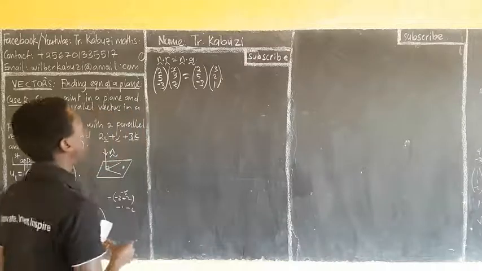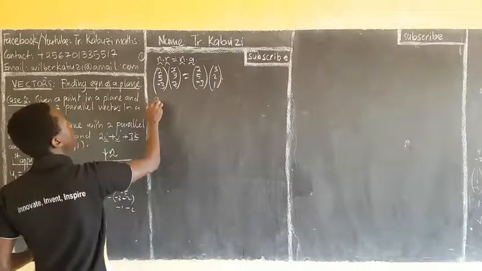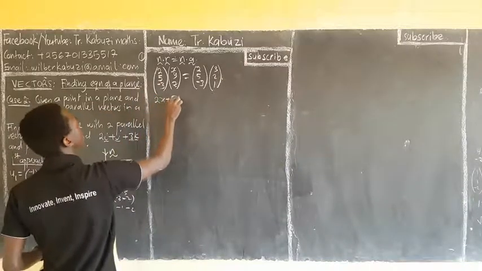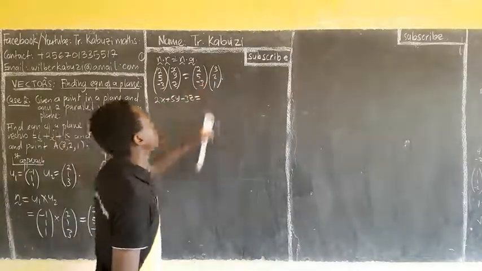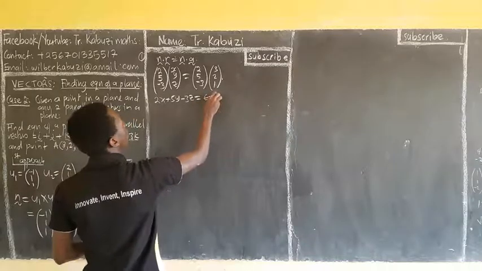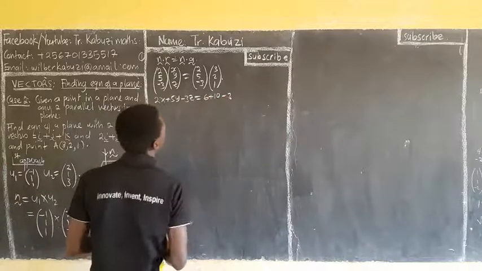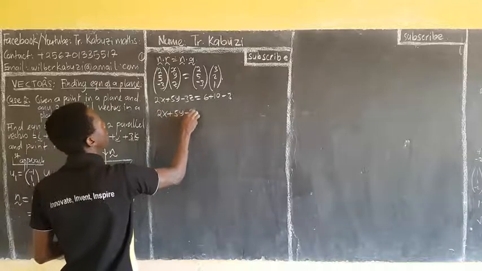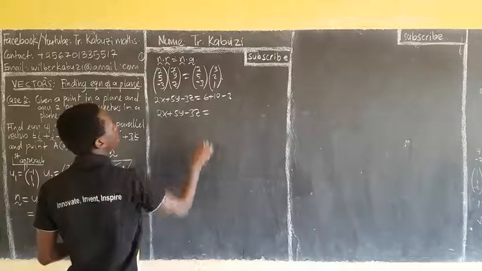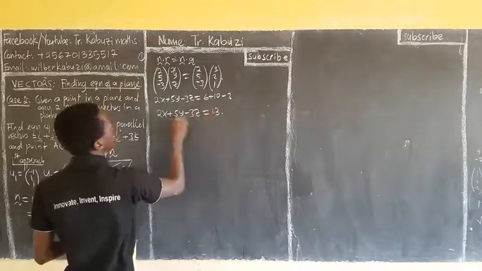So let us go down and see. When we note here, we have 2x plus 5y minus 3z equaling 2. This will give me 6 plus 10 minus 3. And so my equation 2x plus 5y minus 3z becomes 16 minus 3, which is 13.